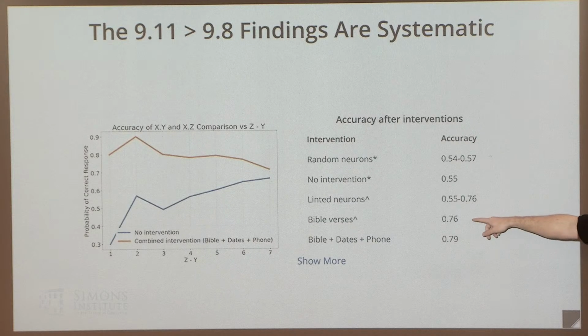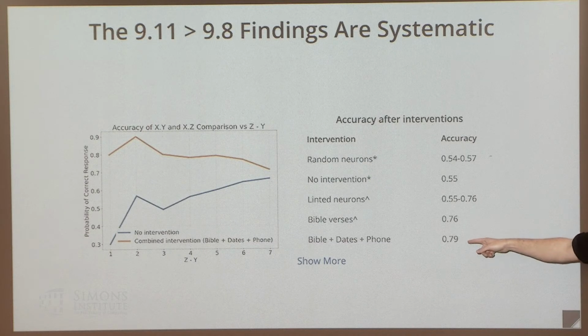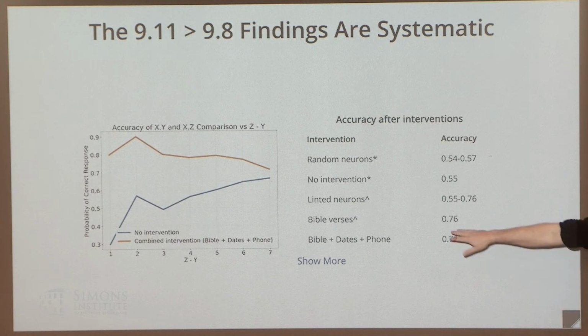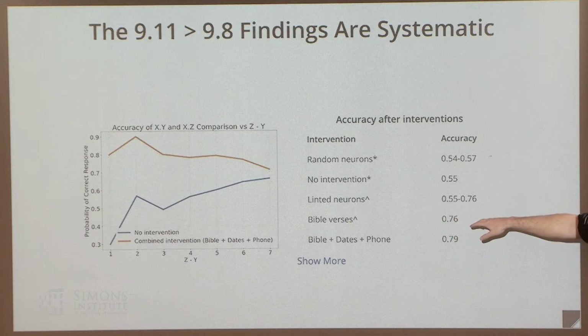If you remove the same number of Bible verse neurons, you go from 55 to 76% accuracy. If you also do dates and phone versions, you go up a bit higher, to 79% accuracy. Turns out software versions don't really matter much at all. I think the main thing is Bible verses are really prevalent in the training data. These other things are probably a lot less prevalent.